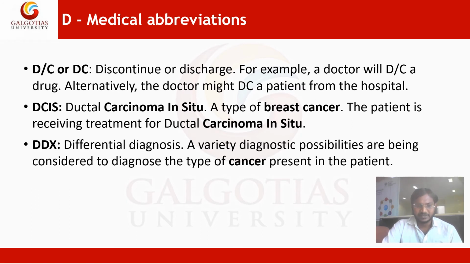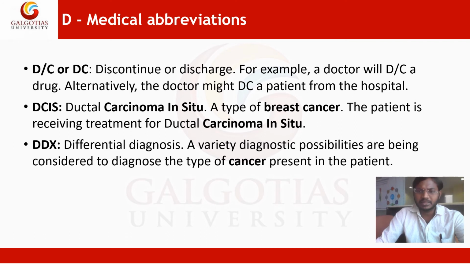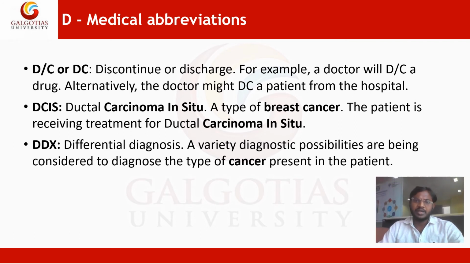Next, DDX, differential diagnosis. A variety of diagnostic possibilities are considered to diagnose the type of cancer present in the patient. For example, if the patient has a kidney abnormality, the differential diagnosis is related to the complete kidney.